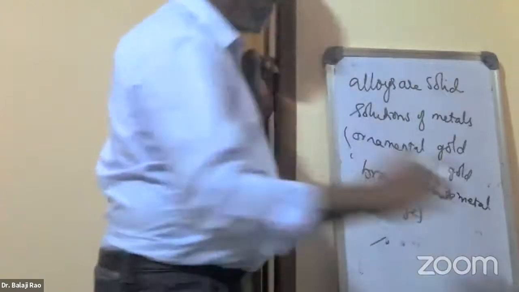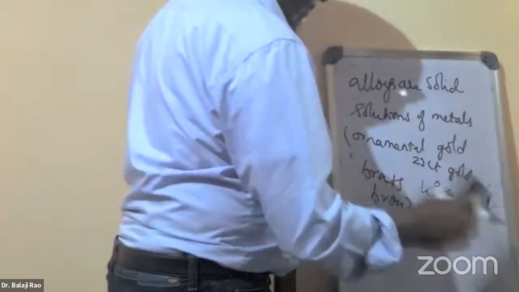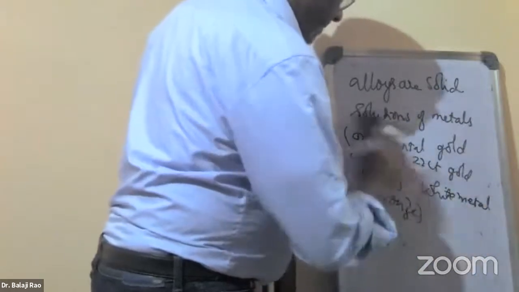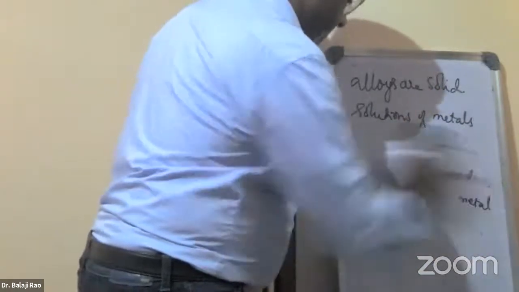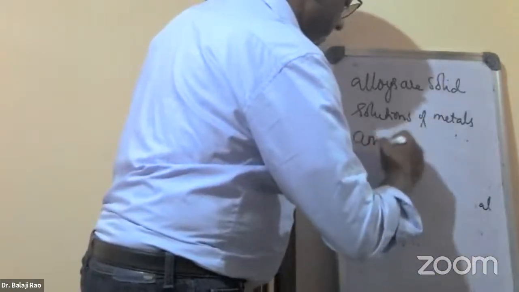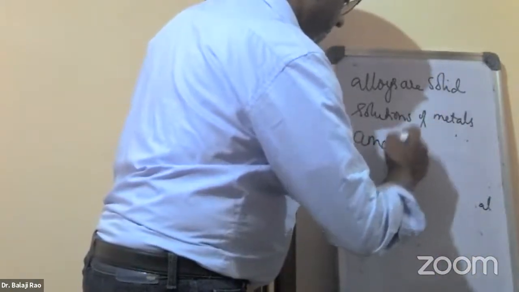But there's one more special variety of an alloy, which normally we do not come across. It is called an amalgam. I introduce one more word to you here. It is called amalgam.